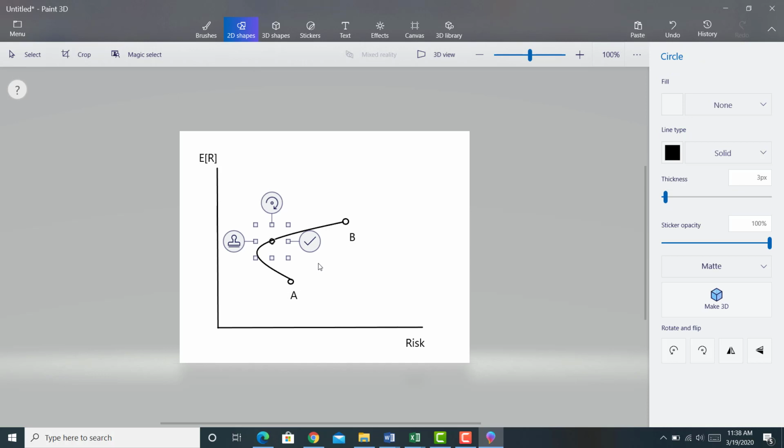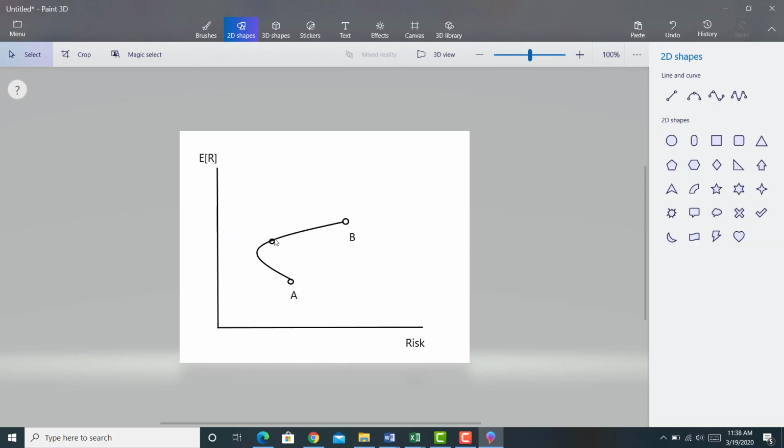Let's call that portfolio P. You would want to select this portfolio P, which might tell you to put in 30% of your wealth in asset A and 70% of your wealth in asset B. That might be the optimal portfolio, the portfolio that gets you to the most northwest quadrant, that gets you the highest expected return for the lowest level of risk.